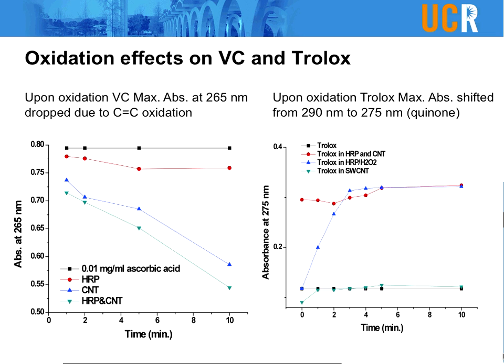Its rate constant is 100 times slower than the rate constant of Trolox. But vitamin C is definitely a reducing agent for the carbon nanotube itself. So it could be oxidized by the carbon nanotube itself and also by the reaction catalyzed by carbon nanotube. And the oxidizing agent will be oxygen.